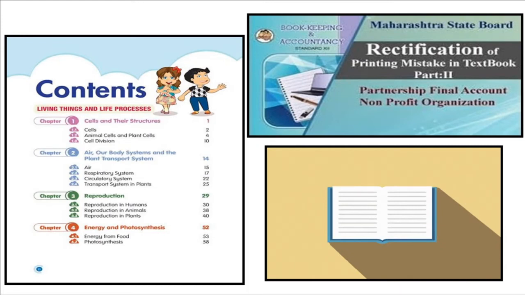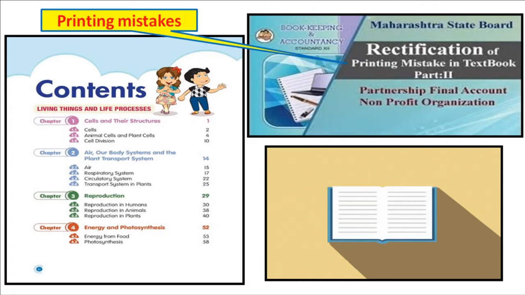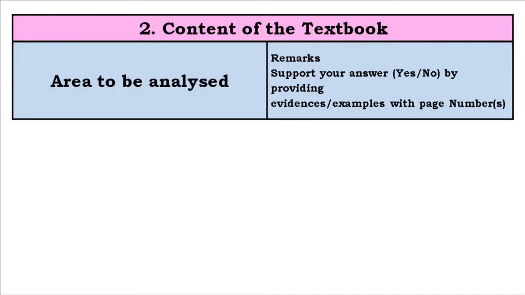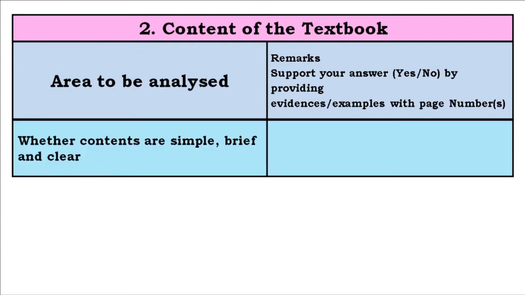In the second component or aspect, we will discuss the contents of the textbook, and the important areas which need to be analyzed are whether contents are simple, brief and clear. So same as before, they will write yes or no in the remark column.